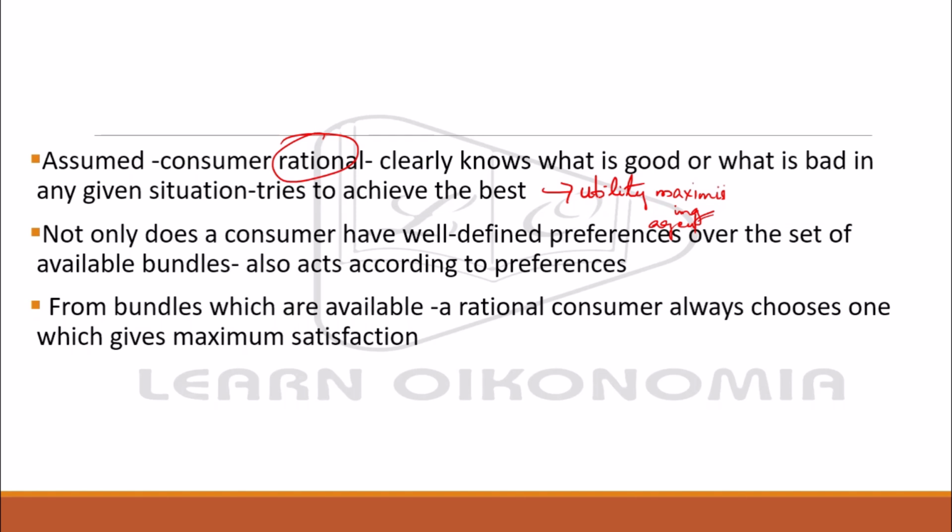So here not only will a consumer have some well-defined preferences over the available bundles, he will also be acting as per his preference. By taking his taste and preference into consideration, he will be acting accordingly. And from the bundles which are available to the consumer, since we are dealing with a rational consumer, he would always choose that particular bundle which gives him the maximum utility or the maximum satisfaction.